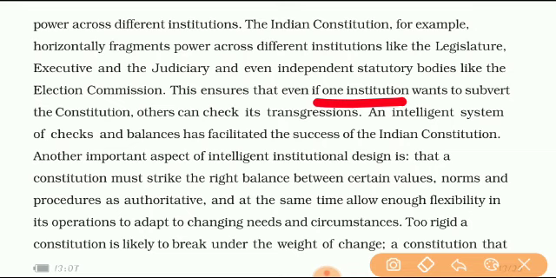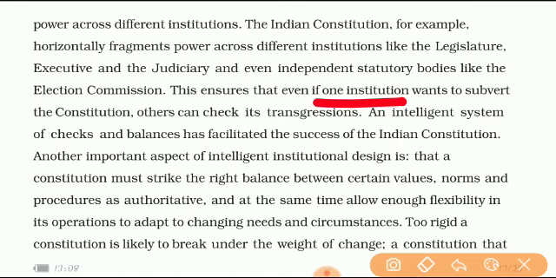An intelligent system of checks and balances has facilitated the success of the Indian constitution. In class 10th, in the power sharing chapter, we had seen that the constitution works on checks and balances. Here the powers are fragmented into different institutions, and these institutions keep checking one another. Wherever any deficiency is found, there are institutions to correct such mistakes.